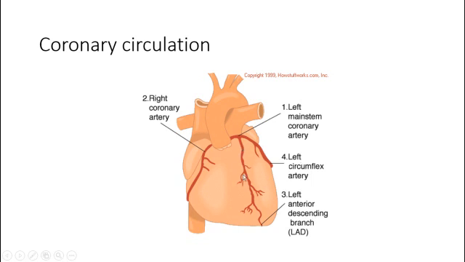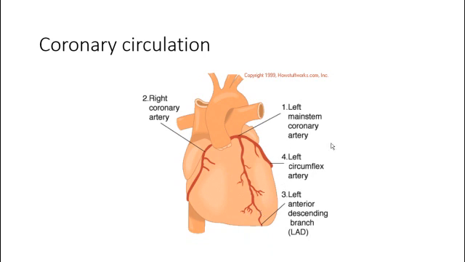So anterior descending, pretty much like its name says, it's on the front of the heart and it's descending or going straight down. This is going to supply most of the left ventricle, the septum, which is the wall between the two ventricles, some of the right ventricle, and then the very inferior part of the ventricle.